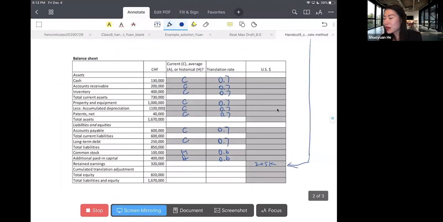Let's come back and just multiply the two numbers again. If you add up everything, that will give you your total current assets. You add up everything again, that will give you your total assets.